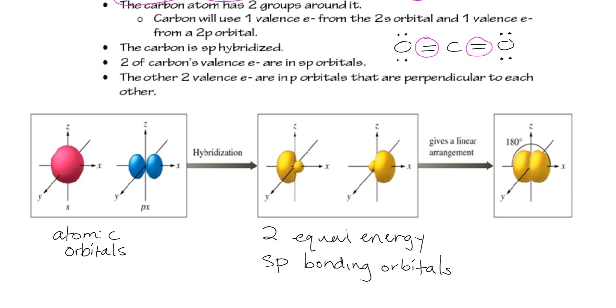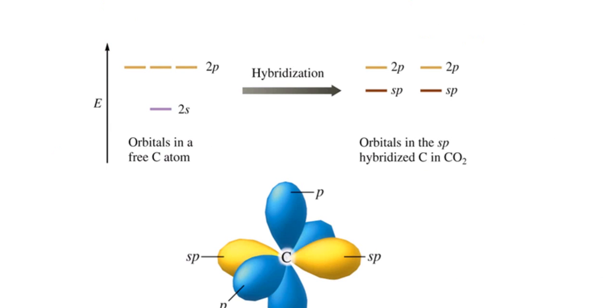So let's see what we got going on here. In the free carbon atom, we would usually have 1, 2, 3, 4 valence electrons. But that doesn't help me when it comes time for bonding, because we need to show that carbon can bond 4 times. Somehow we want to get 8 valence electrons.